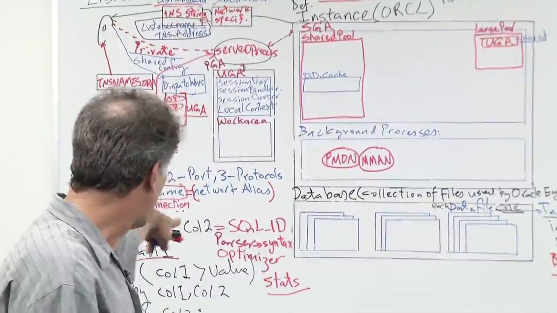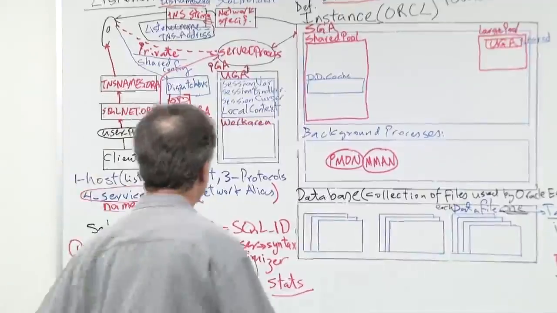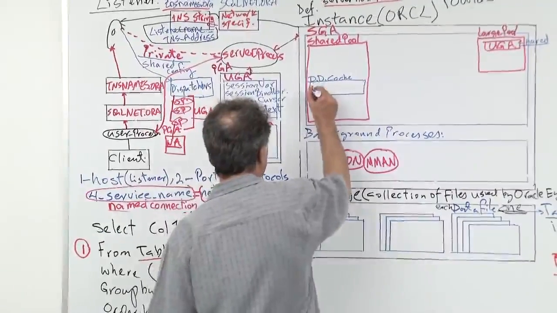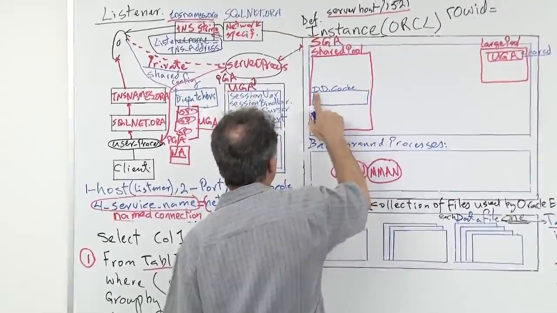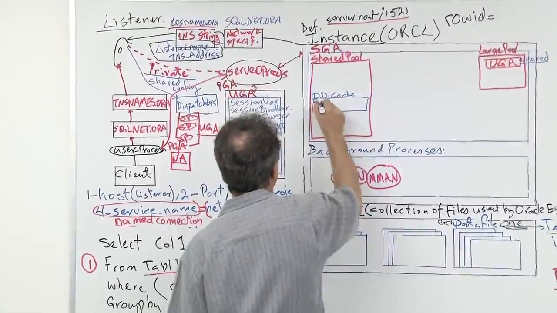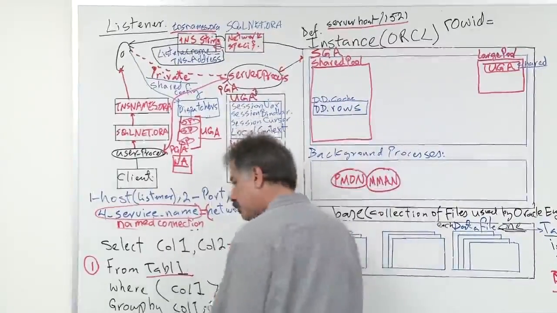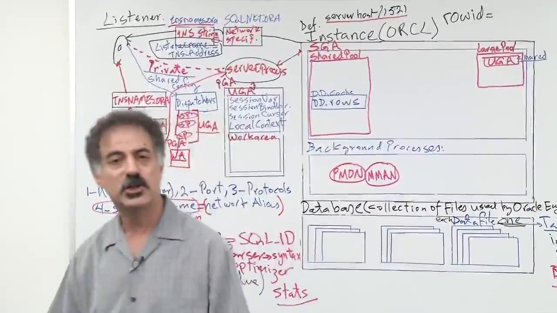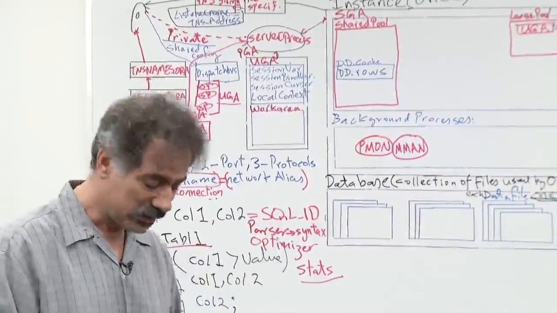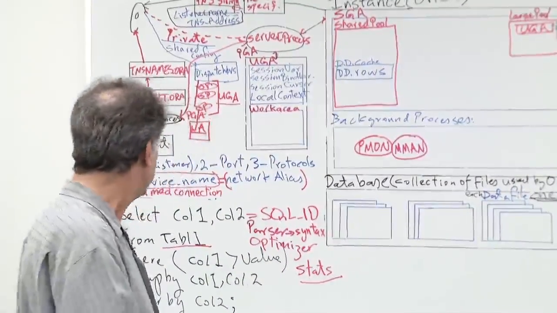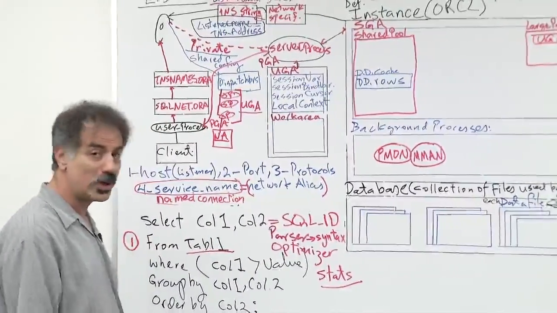Therefore, when the optimizer needs the metadata about the object, we will read these data dictionary rows and load them here. And since now it is in the shared memory, other users can also have access to that same metadata. All right? So now we got the metadata, we understand the table structure.